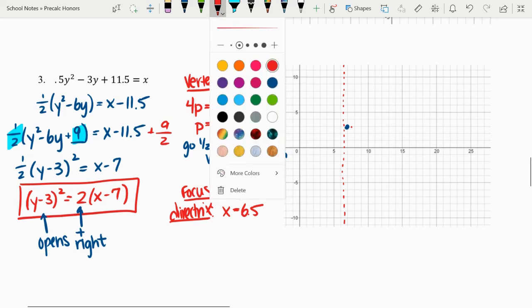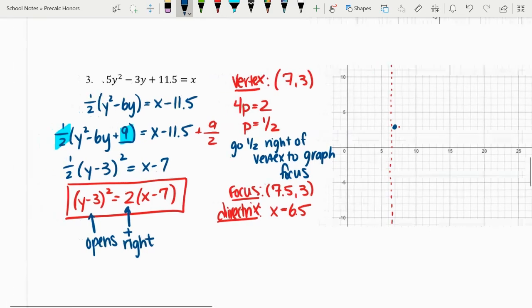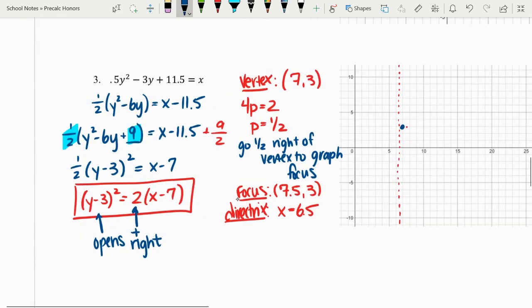So the easy way to figure this out, and easy in quotes, is to go twice the p-value to the other sides. For this one, it will be up and down from our focus. So p is 1/2, so I'm going to go 2p above, 1 unit up, and 2p below, 1 unit down, to graph those. I'll write what these points would be.